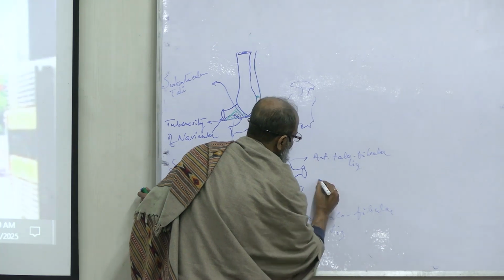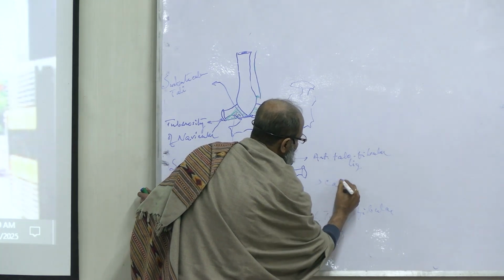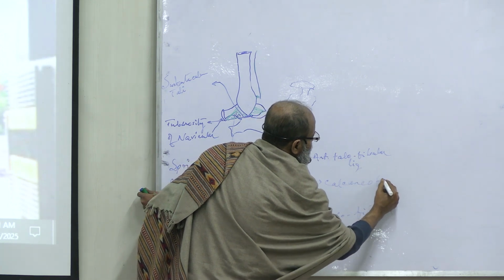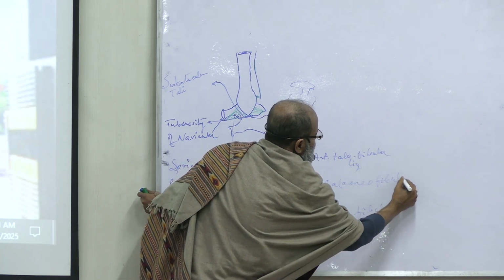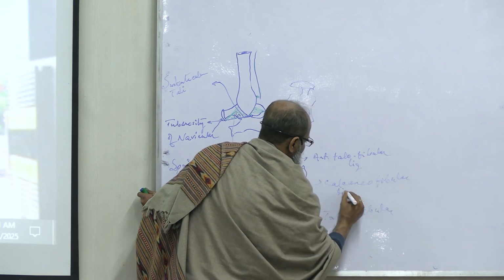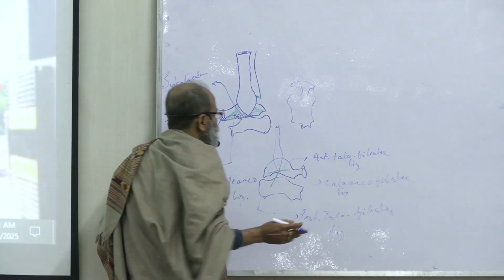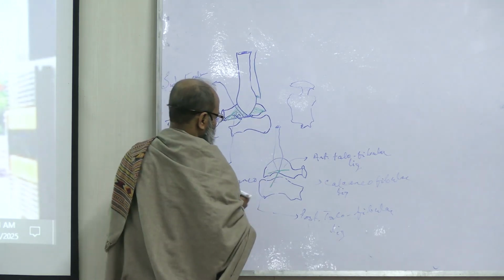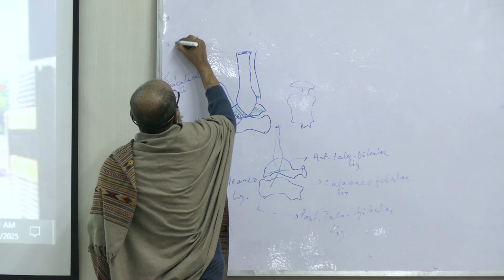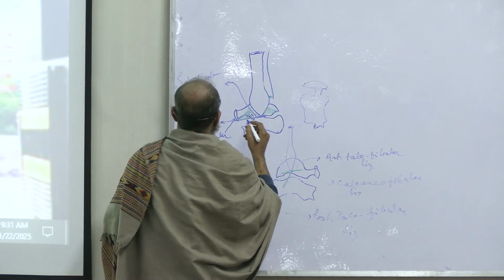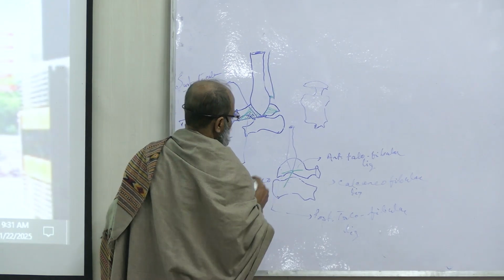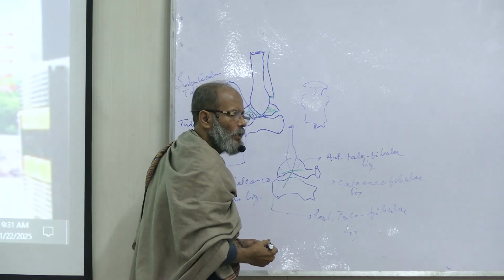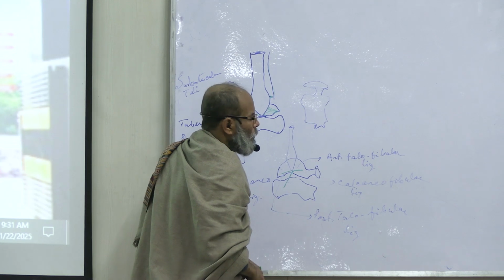And this one is the calcaneofibular ligament. So, this is the medial or the deltoid ligament. And these are the three parts of the lateral ligament. Right?